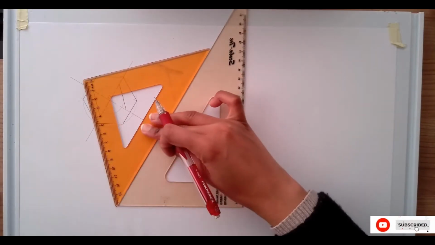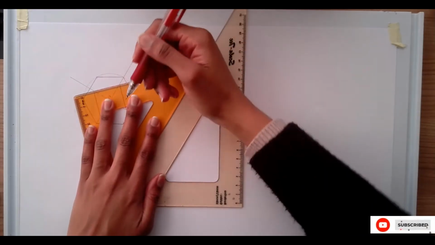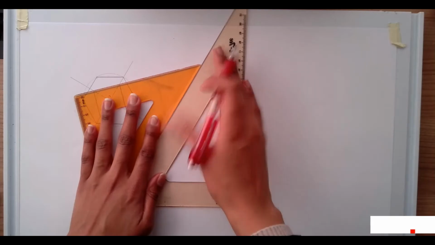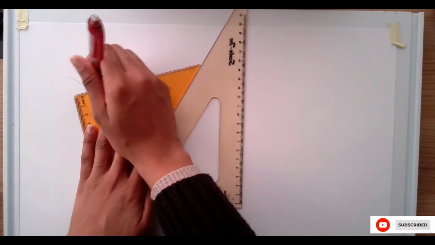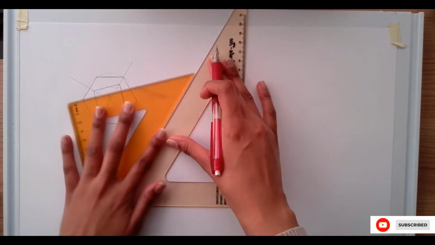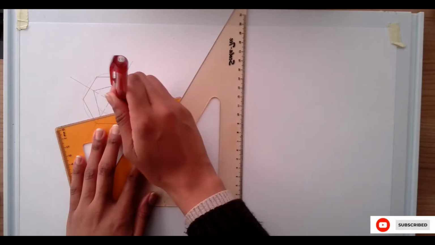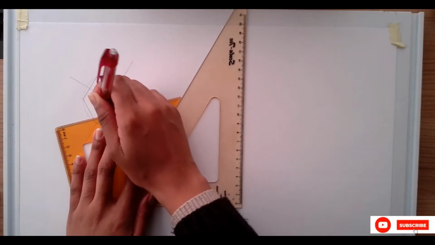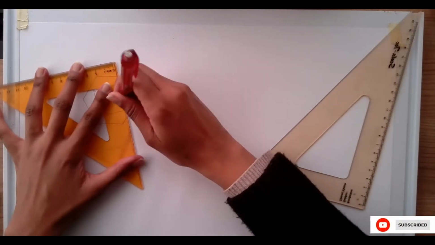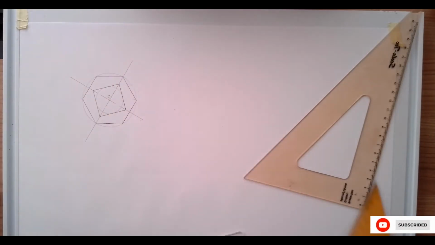Then I'm going to move it down to the adjacent side. So there is my square.